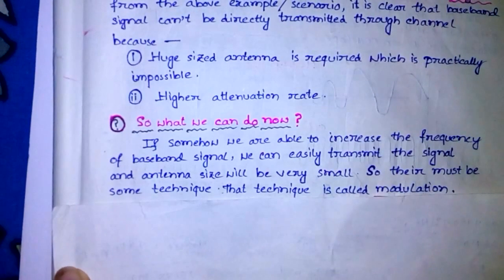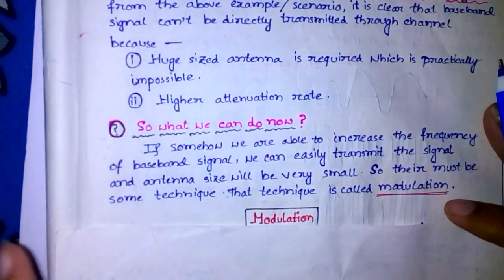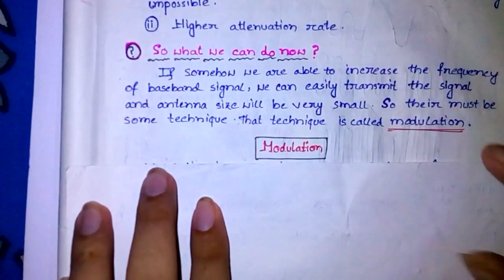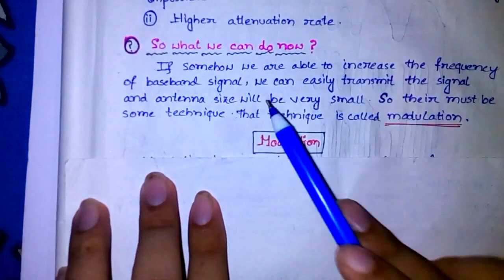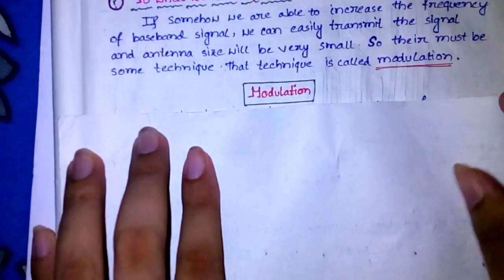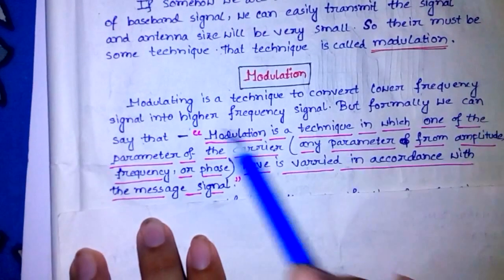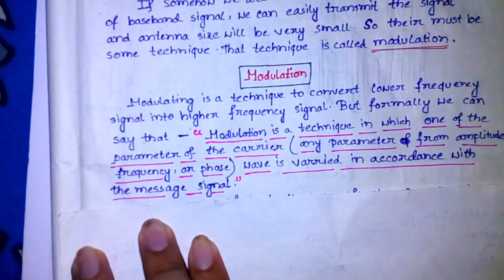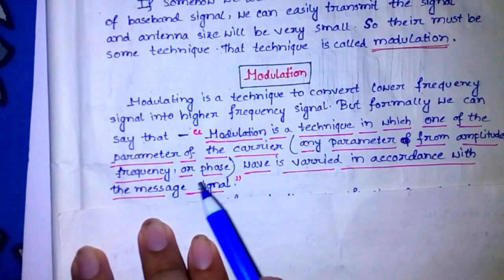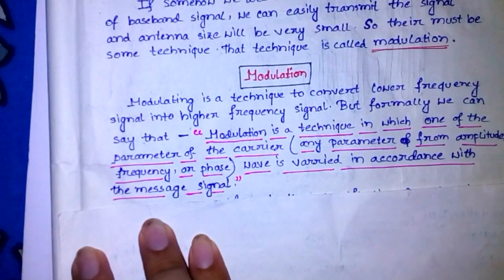a very small antenna. Now here comes modulation. In short, modulation is a technique for converting a lower frequency baseband signal into the higher frequency domain. But here is the formal definition: modulation is a technique in which one of the parameters of the carrier wave is varied in accordance with the message signal.